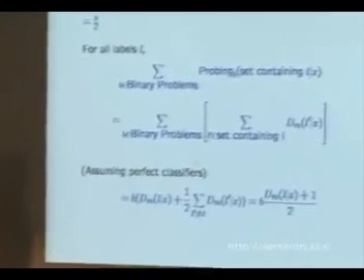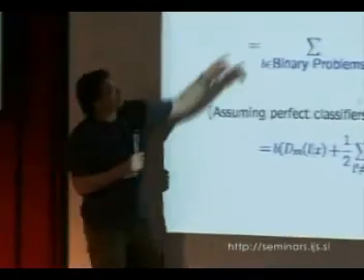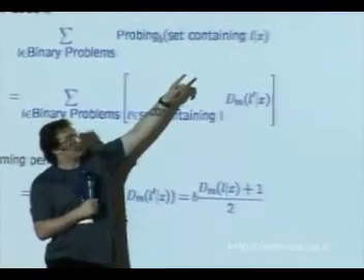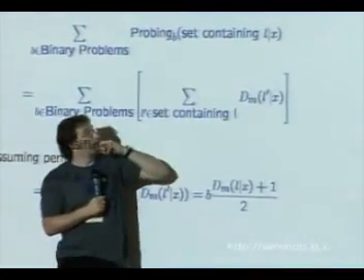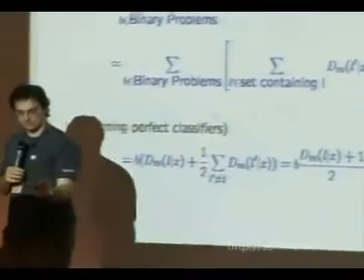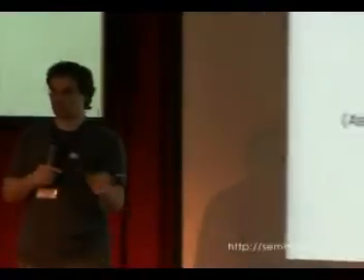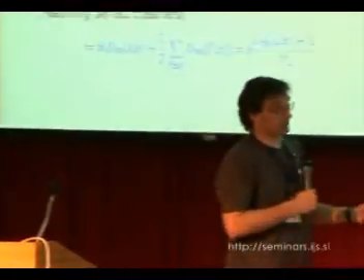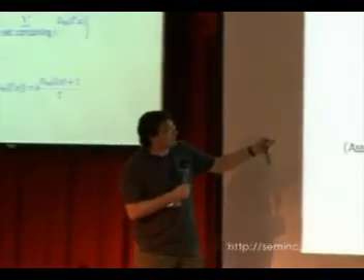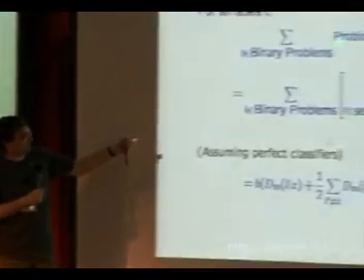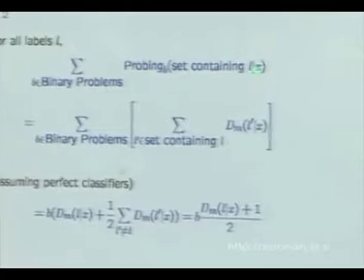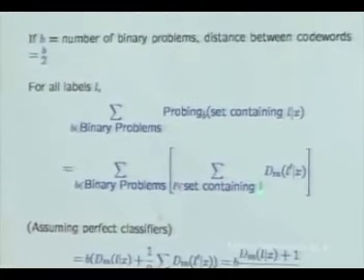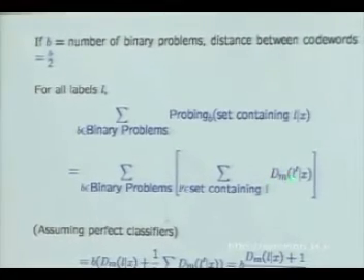So we're going to take the sum over the different rows of the probability that the set containing the multiclass label 1 contains the true label, given the features. Right, so let's say that our binary classifier is perfect. In that case, the output of this probability is going to be the sum over the labels in the set containing label 1 of the probability of the label given X.